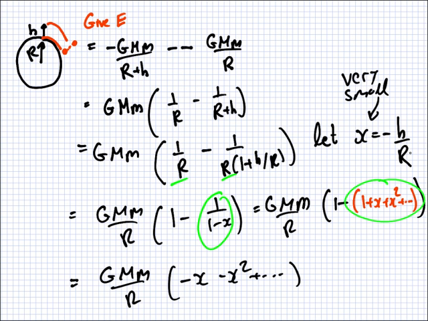H over R. This could be like 10 meters, and this could be 6,000 kilometers. So if x is very small, then x squared is so small, we don't care about it. Okay, let's continue. Minus x is that. So this is GMm H over R squared.